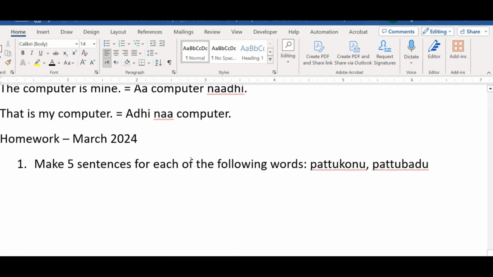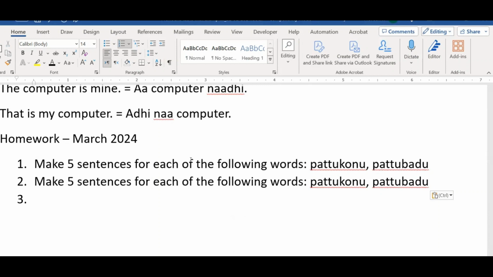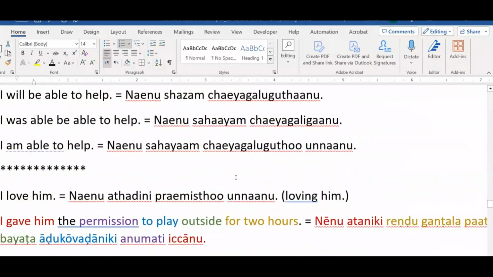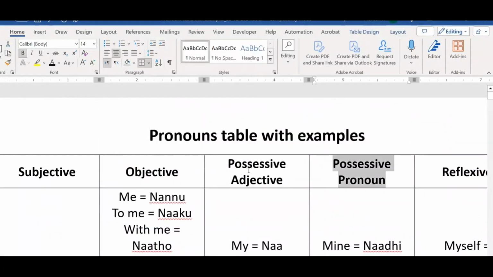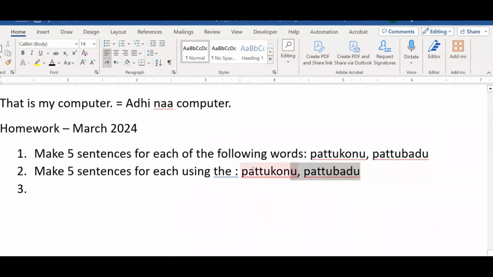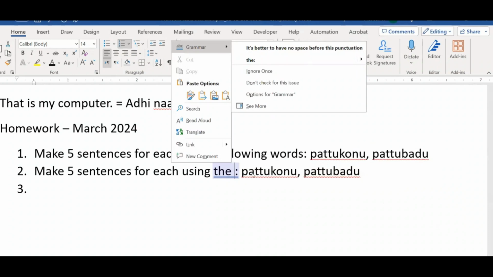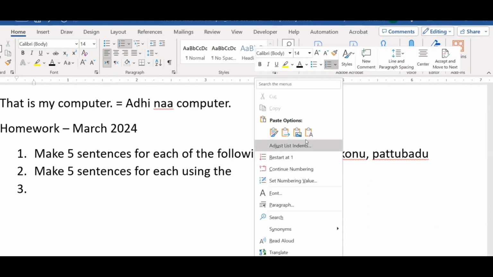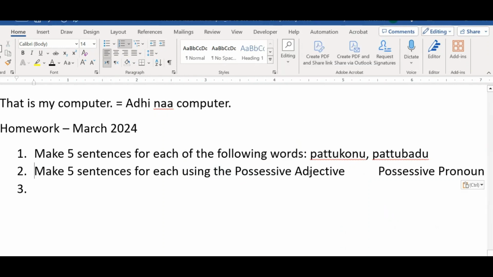I will write here: make 5 sentences for each, using possessive adjectives and possessive pronouns.